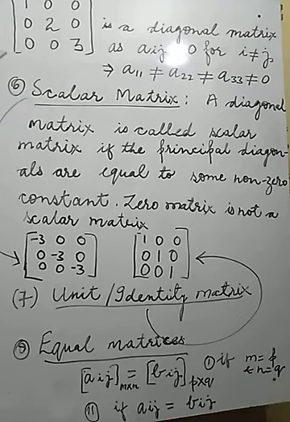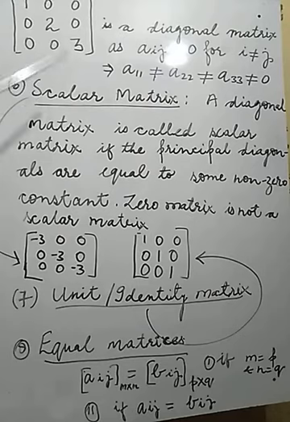Suppose -2, -2, -2, or -3, -3, -3, or -4, -4, -4, or 5, 5, 5. All are constant on the diagonal. So that will be categorized as a scalar matrix.